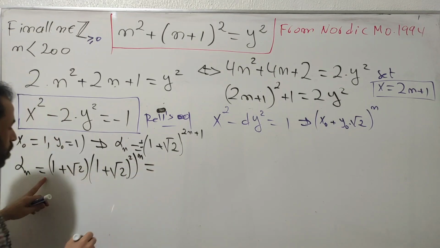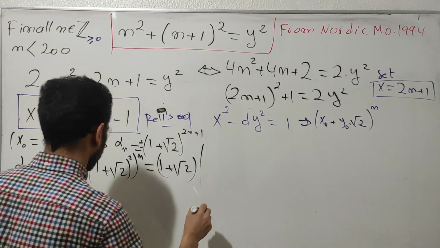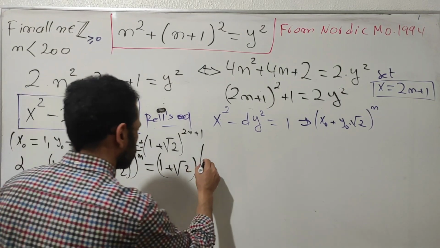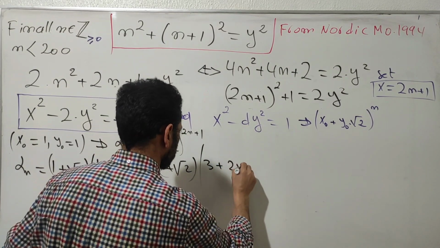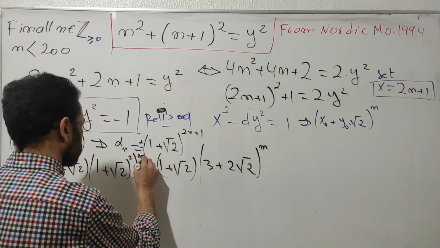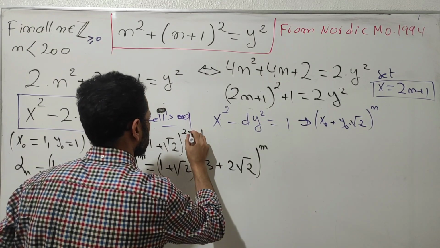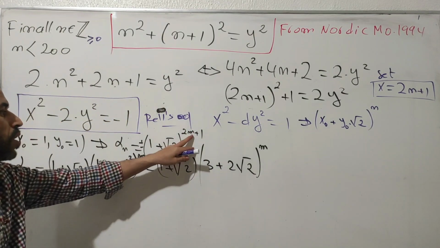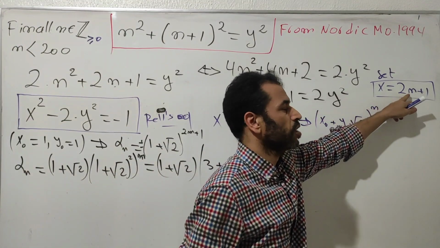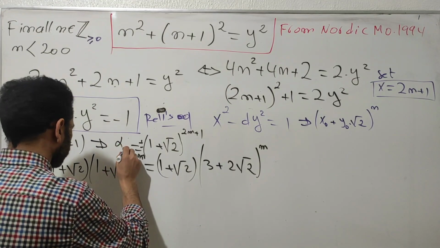This one is going to give us 1 plus square root of 2 times (3 plus 2 square root of 2) all to the n. Let's replace this n with m, so as not to mix it with this one, because this one is different. Okay, so let's call this alpha m.